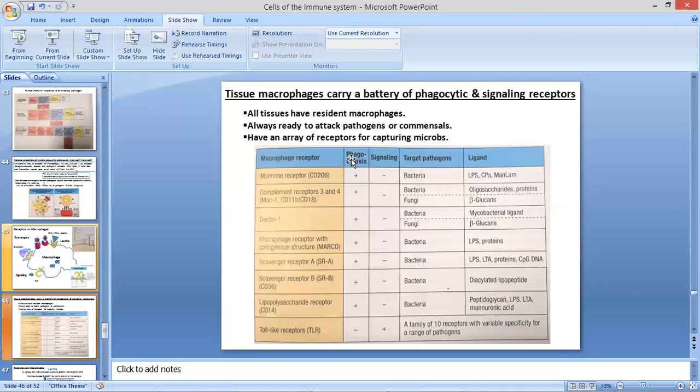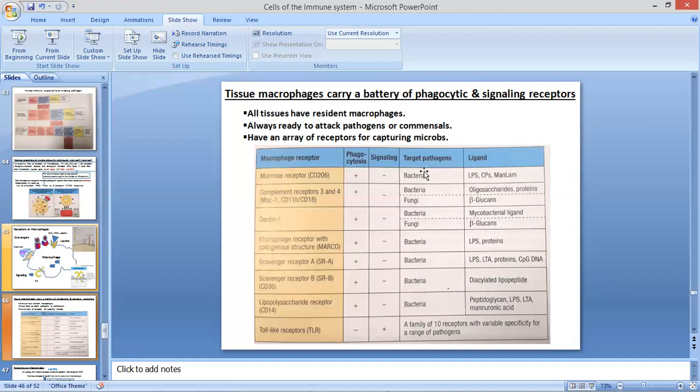All these receptors are helping with the process of phagocytosis, because these are the PAMs, or pathogen associated molecular patterns, right here under the name ligand. These ligands are all PAMs found on the surfaces of these bacteria, either bacterial nucleic acids, bacterial carbohydrates or lipids, etc., that are going to be recognized by these receptors.